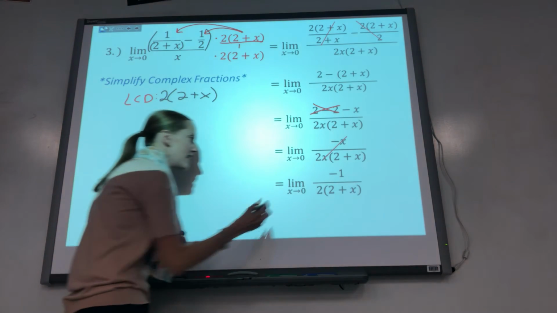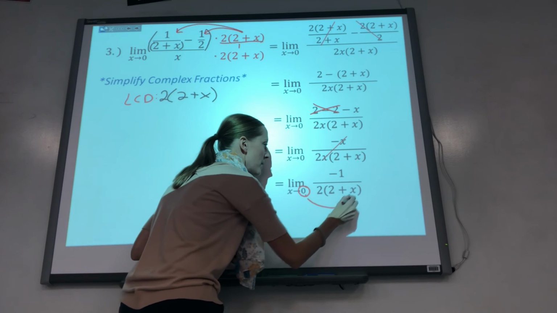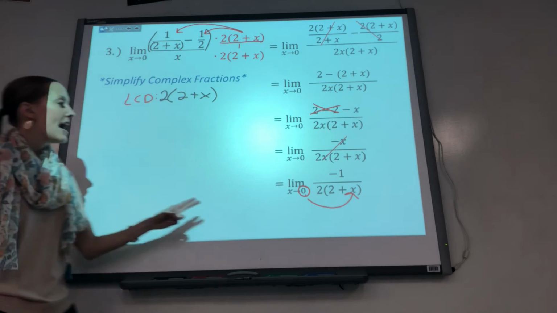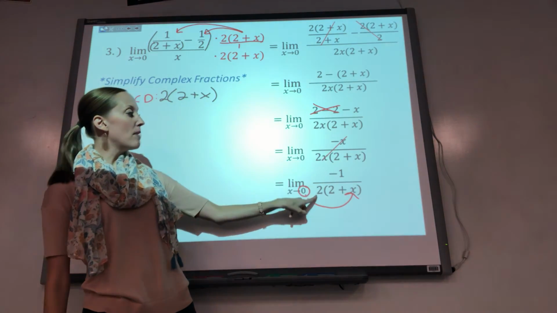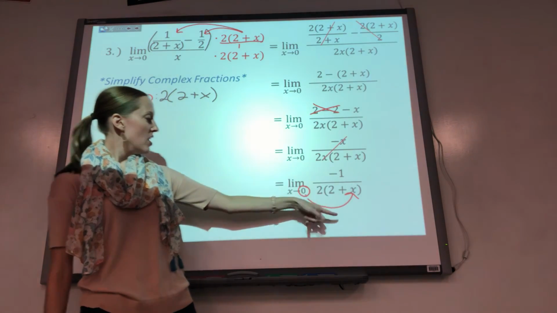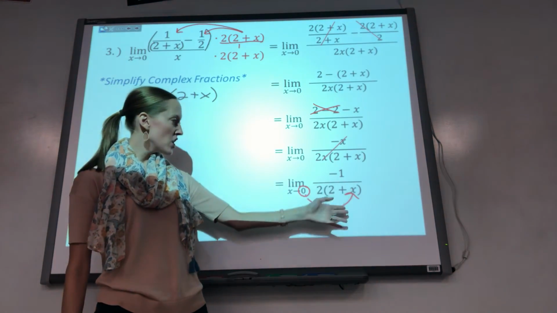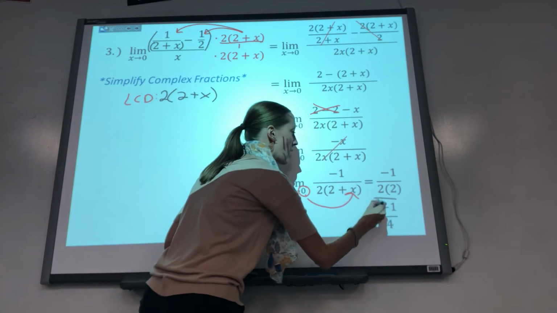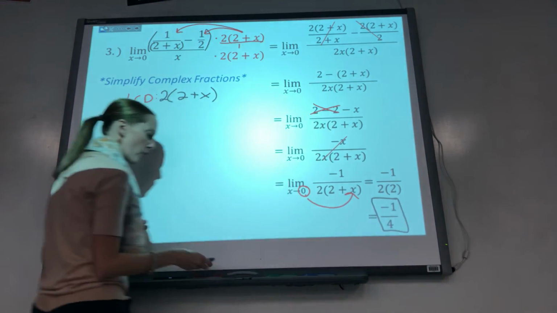And finally, we should be able to plug in that 0. Okay, so now this is going to say on bottom 2 times 2 plus 0. Well, 2 plus 0 is 2, and 2 times 2 is going to end up being a 4.